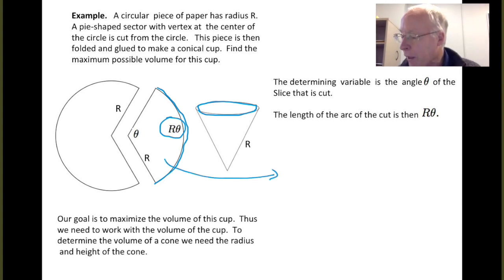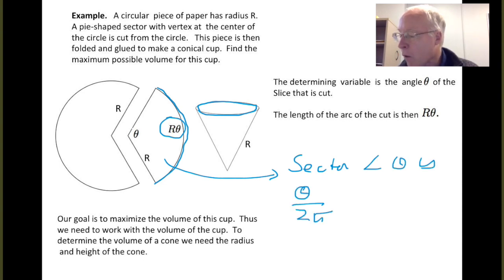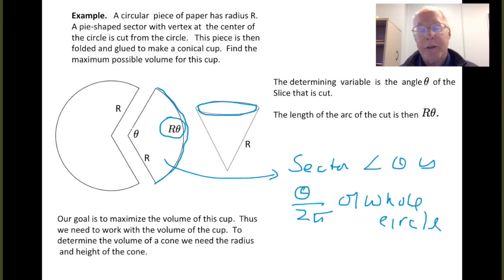And the reason for that is this: a sector is theta over 2 pi of a whole circle. A circle has 2 pi radians. So that means that this arc here must be the fraction theta over 2 pi of a full circle.